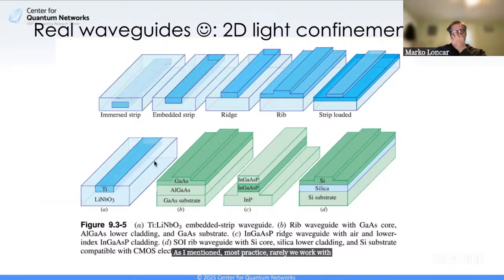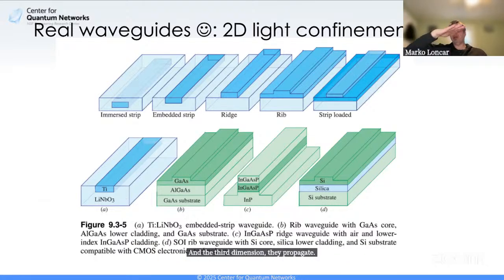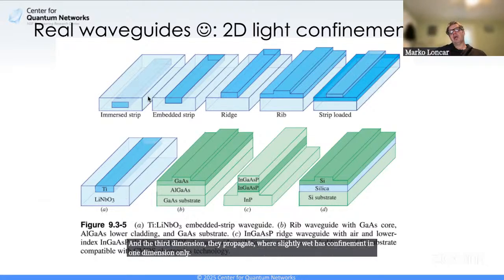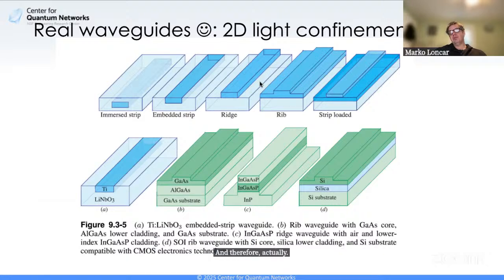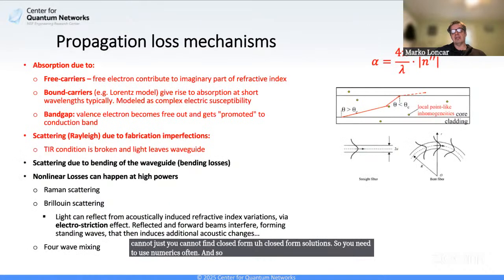We typically work with waveguides that have confinement in 2 dimensions, and light propagates in the 3rd dimension, whereas a slab waveguide has confinement in 1 dimension only. These turn out to be very difficult to design. You cannot find closed-form solutions, so you often need to use numerics, and we will not be teaching you that.